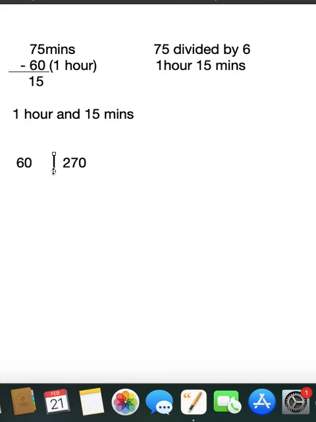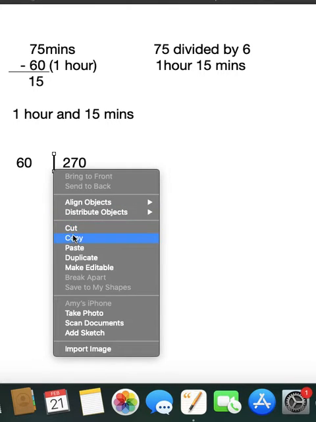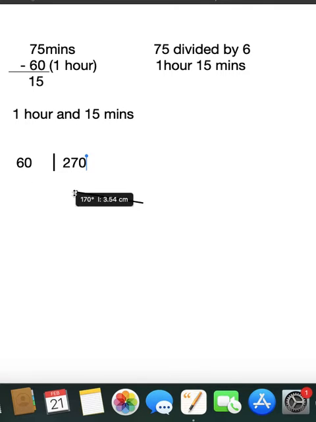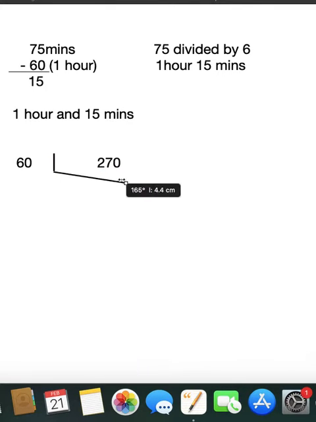It's the only way I can think of doing it. My division box. Okay, it's not ideal. Can I write the 270 in there? It's not allowing me. That's brilliant. Maybe it'll let me now.